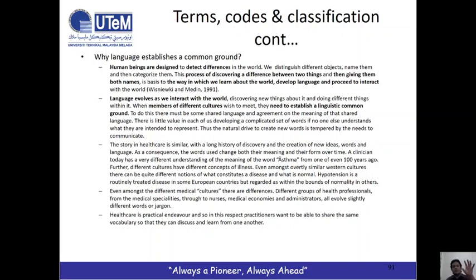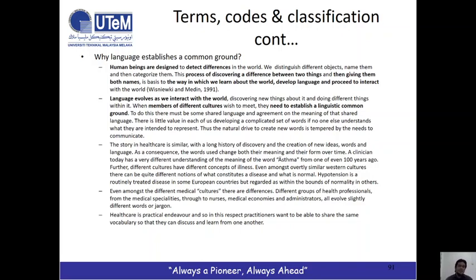Let's say in our class, we categorize two types of students: foreign students and local students. From the local students, we can categorize them based on their religion or race: Malay, Chinese, and Indian. This is a process of discovering the difference between two or three things, and then giving them names: Malay, Chinese, and Indian.